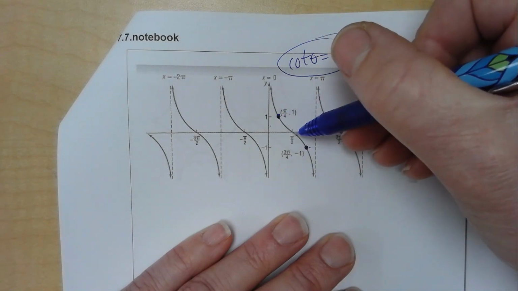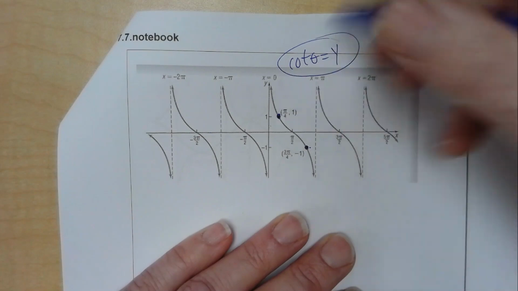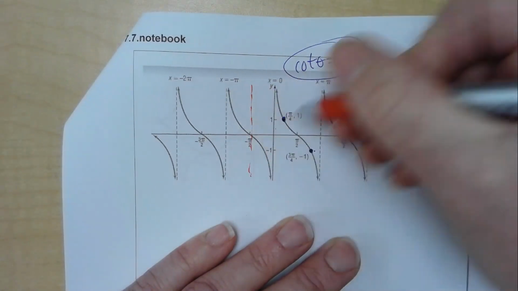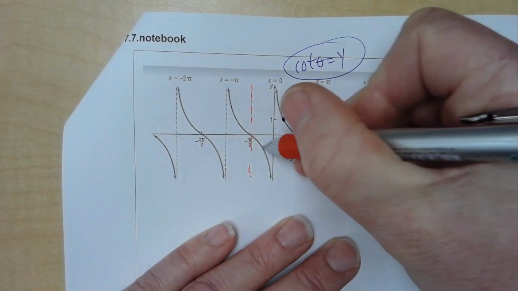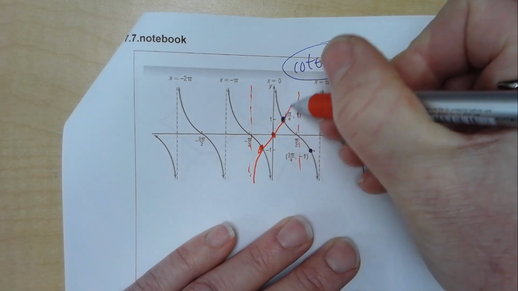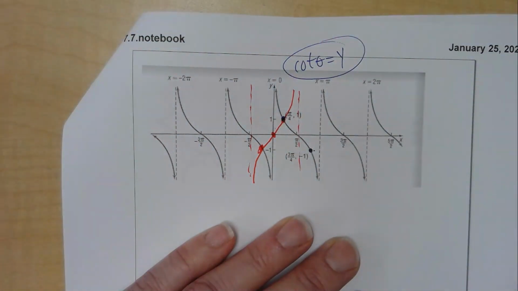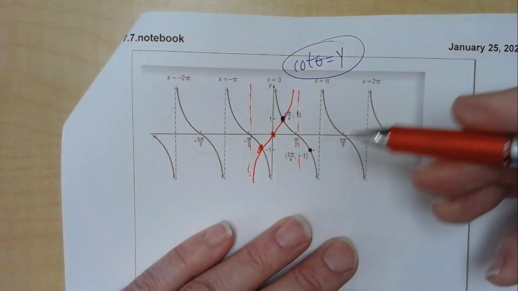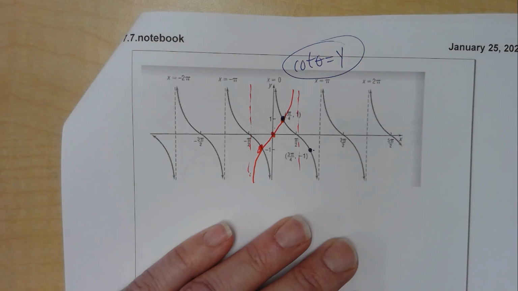And then this graph here is the same thing. The difference is the tangent graph did this. It blew up here, and it blew up here, right? But it shared this point, and then that was your 0, so it went like this. So it's the same curve, or the same shape of the curve, it just got flipped and moved around because of the reciprocal nature of the problem.